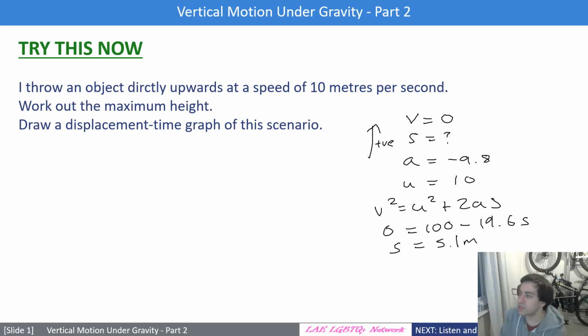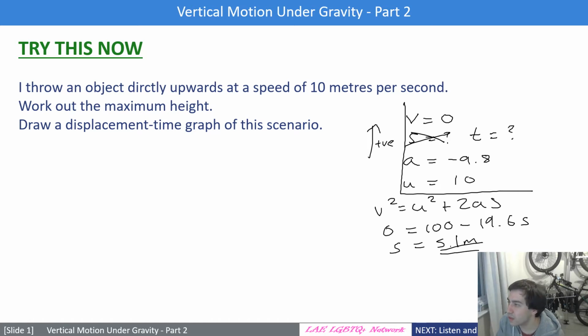Now actually, to draw the displacement time graph, I said a moment ago T doesn't matter, but we should actually work out what the T is as well. So we know the maximum height achieved. Let's also work out how much time it took to get that high. So we're basically still going to take this information here, but now rather than S, I'm now asking what is T.